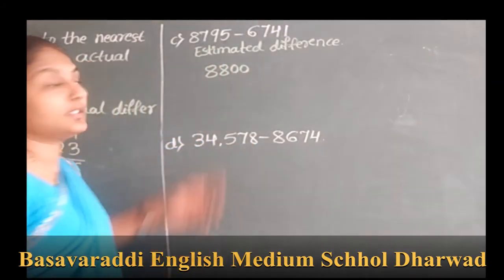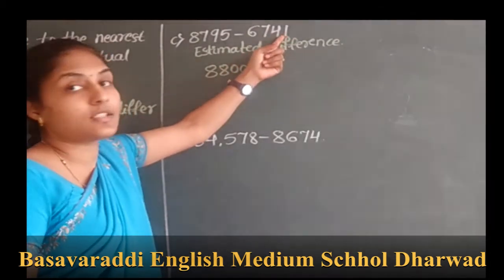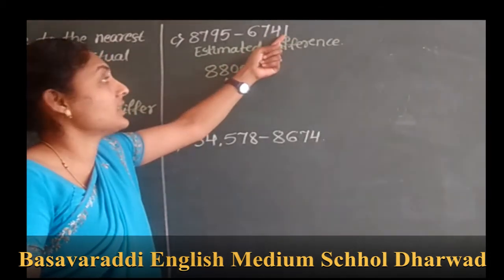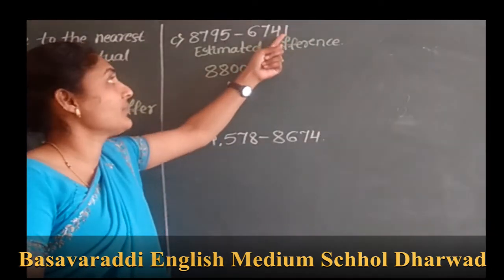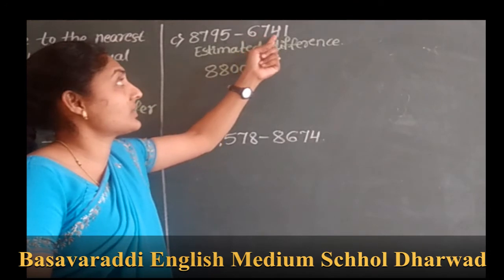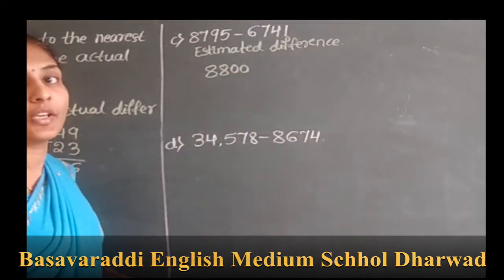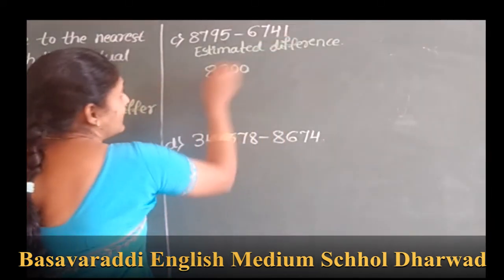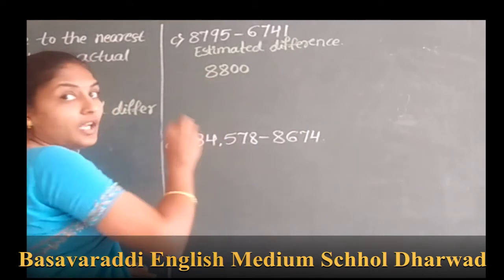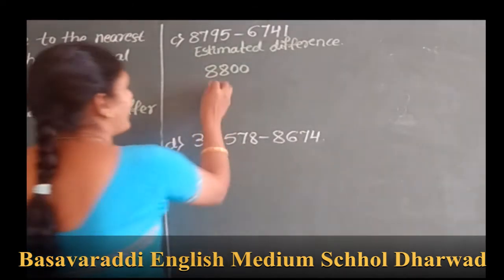The one more number, 6741. The ones place number is 1, which is less than 5, so this is rounded down. It becomes 6740.